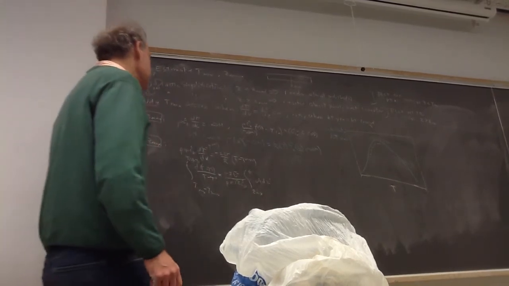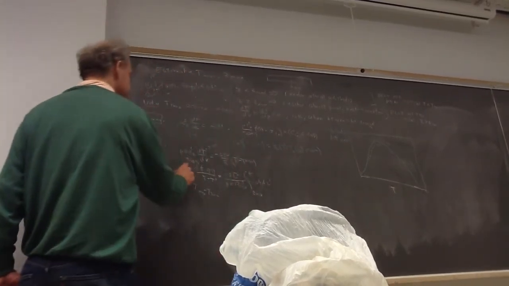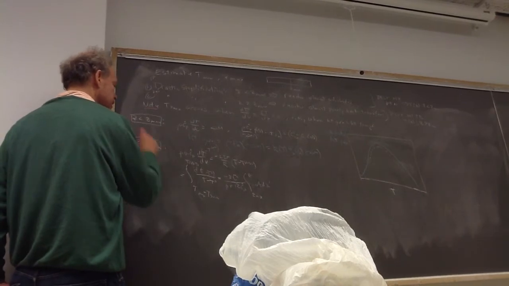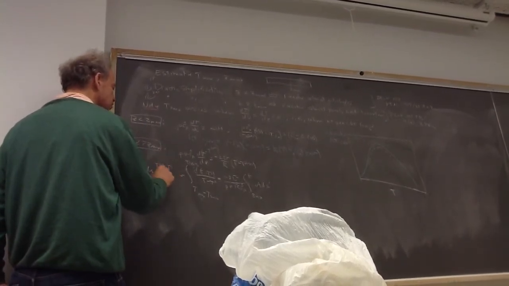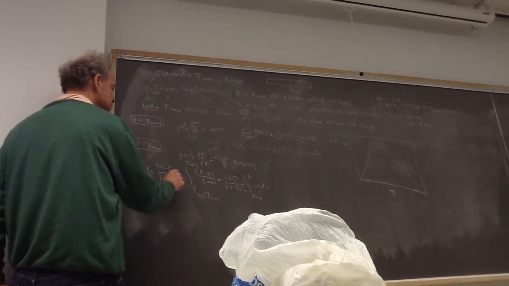So this tells me that this is the log of T of z minus T surroundings divided by T max minus T surroundings.